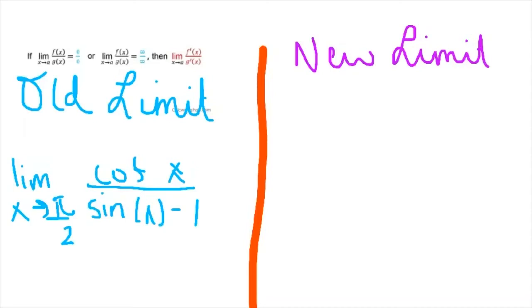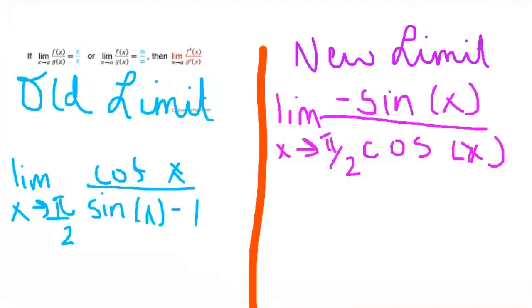You see the old limit here on the left, the limit as x approaches pi over 2 of cosine x over sine x minus 1. Just as L'Hopital's rule states, we first find the derivatives of the top and the bottom and go from there.